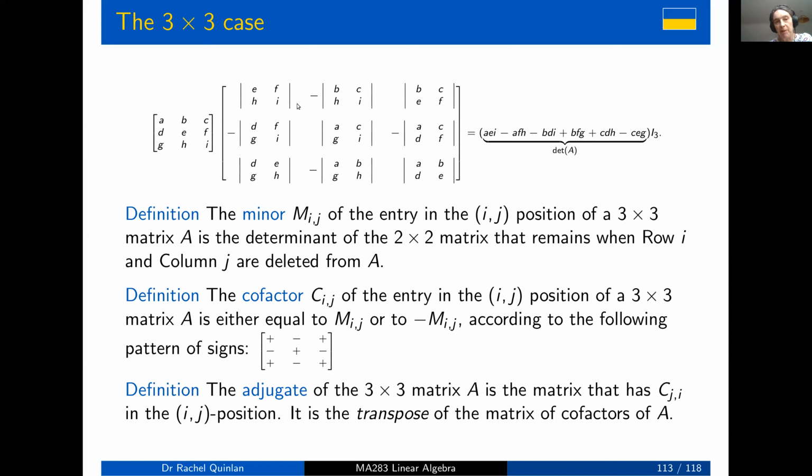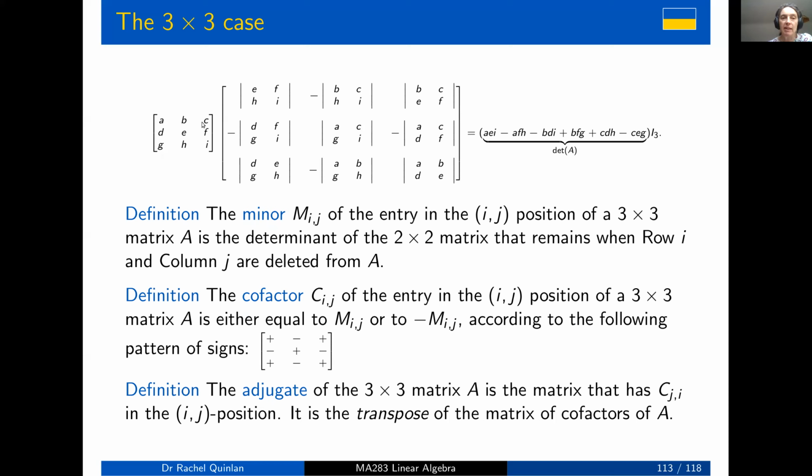Okay, if we go to the top center entry, so here it is. It is the determinant, well, it's minus the determinant of what remains when the entry in the 2, 1 position, second row, first column, when its row 2 and column 1 are deleted from the 3 by 3 matrix A that we started with.